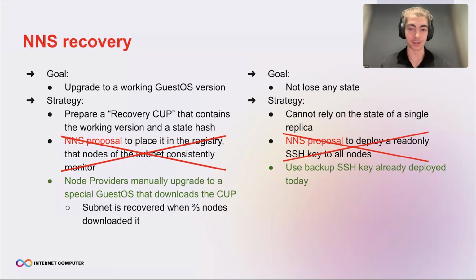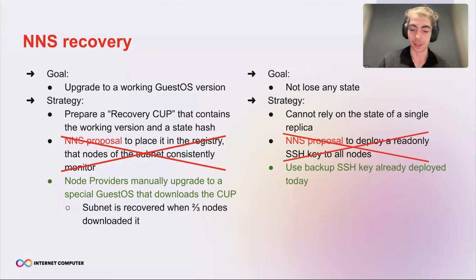In particular, it cannot read the state, but it can read the consensus artifacts that all the nodes have. So the consensus artifacts are all the messages that all the nodes exchange with one another. And so you can simply replay them up until you reach the latest state. And so that's how we do it.